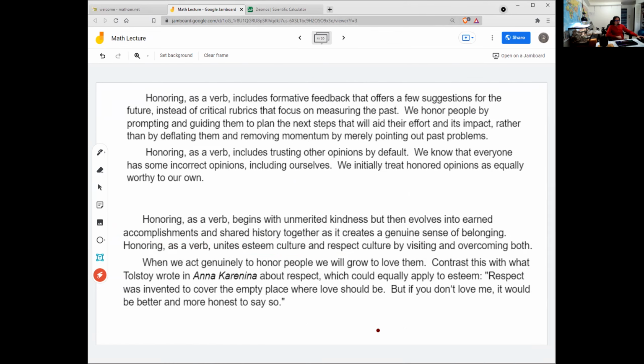Then there's this frighteningly terrible quote by Tolstoy that respect was invented to cover the empty place where love should be. But if you don't love me, it would be better and more honest to say so. I'm not going to say that's necessarily the end all of how to think about respect, but it's certainly true that if all you do is get treated with respect without any honor, it does feel a bit hollow.